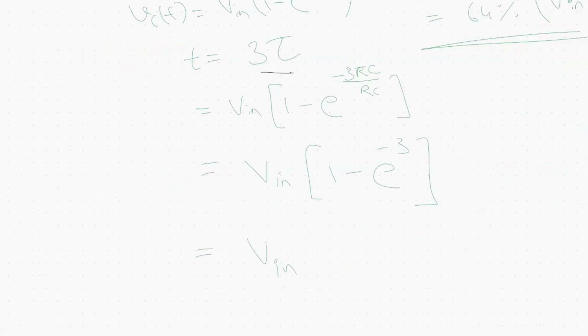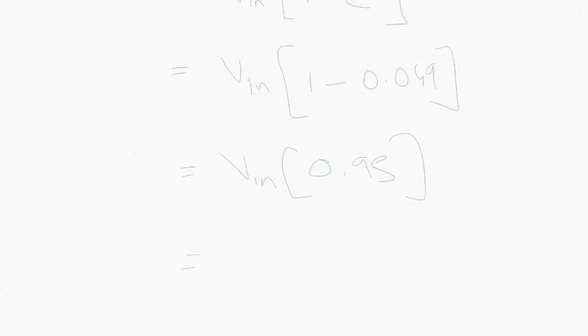And when we subtract this from 1, what do we have? We have 0.95. And this is 95% of V in, right?